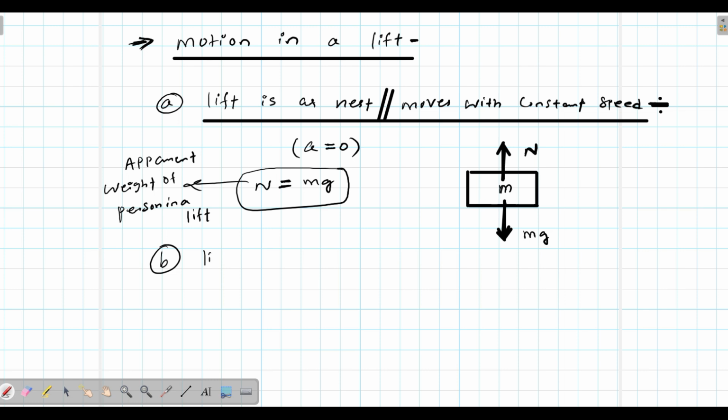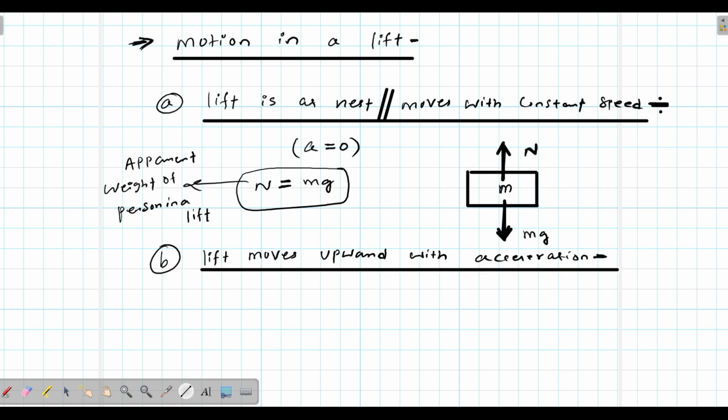Second point, lift moves upward with acceleration.